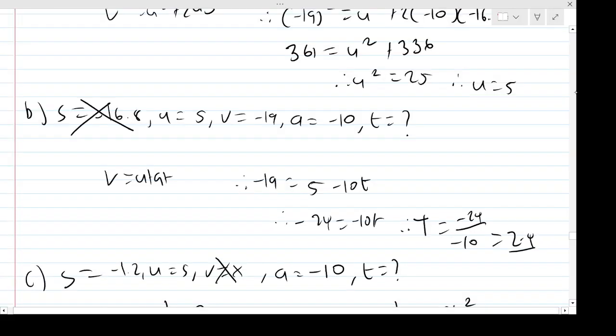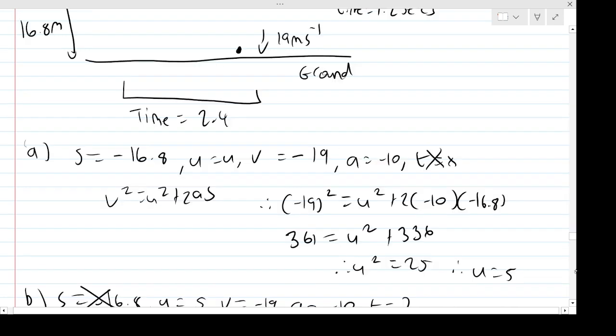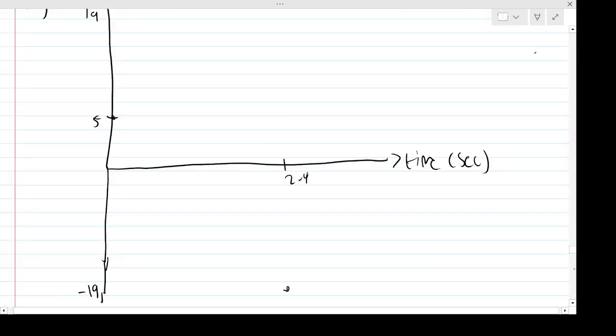Now, which one is it? It ends at 19. As we already saw, it's going down, which means it has to be negative velocity. We discussed previously that this velocity is negative because it's going down. So our graph needs to end here at negative 19. Essentially, we just get a line starting at 5 and ending at minus 19.